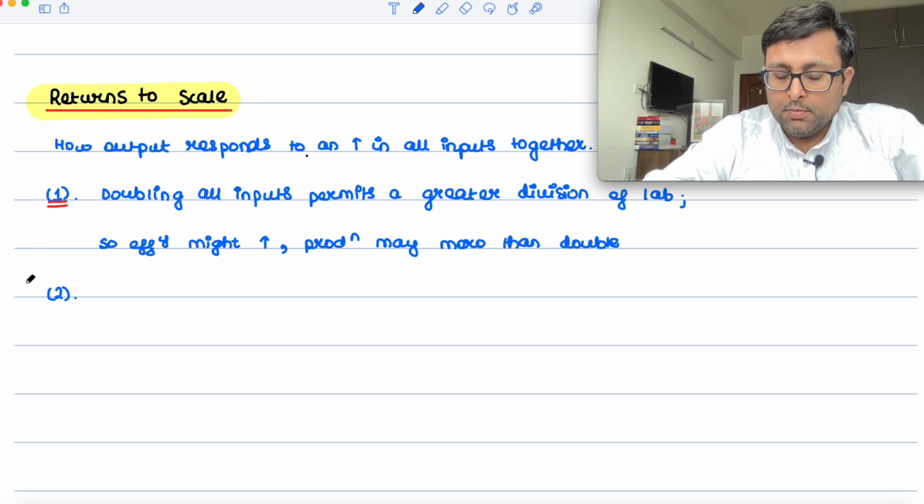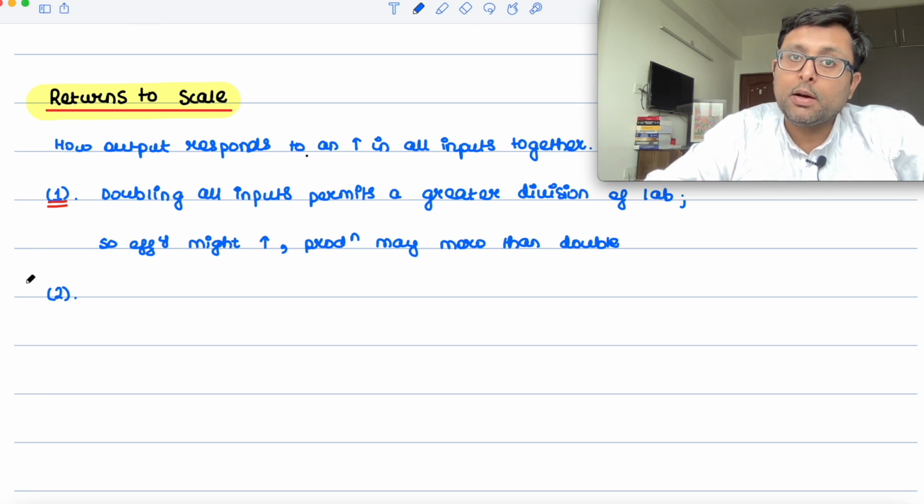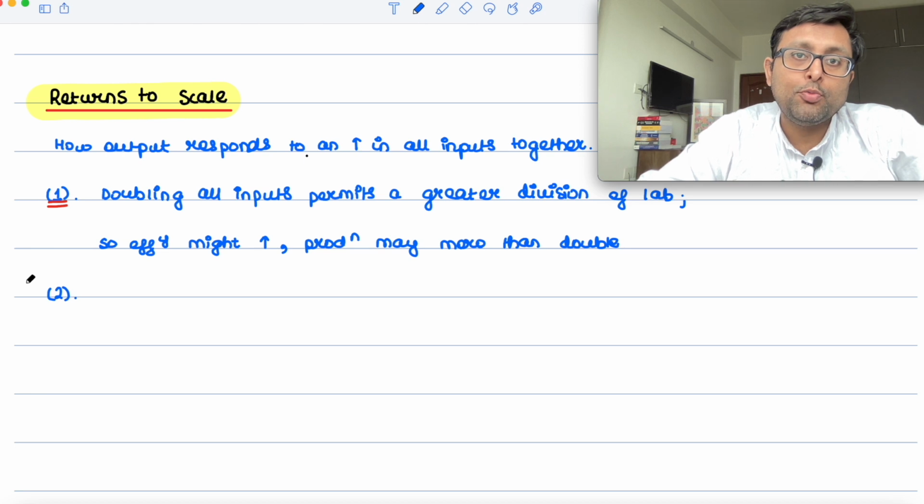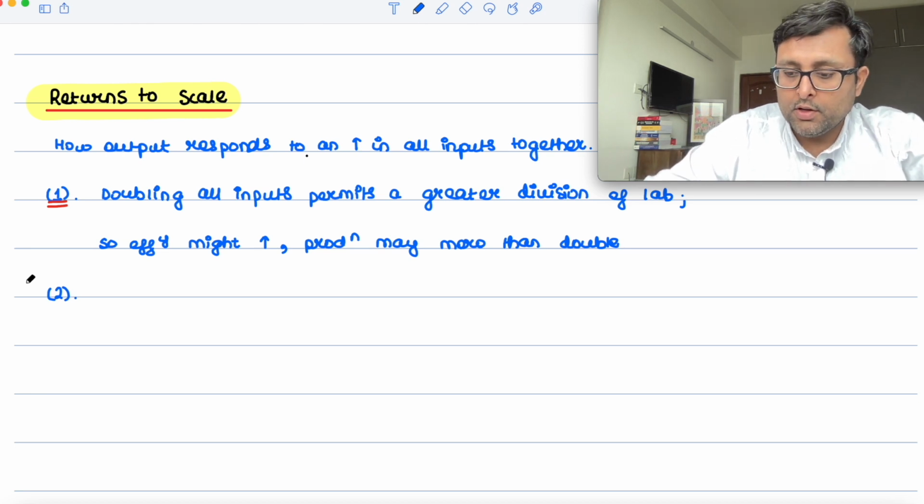It is difficult to manage a very large firm because you have doubled all the inputs. So the production may not increase by as much as you would have thought. For example, you've doubled the inputs, your output might not even double, it might be less than double.